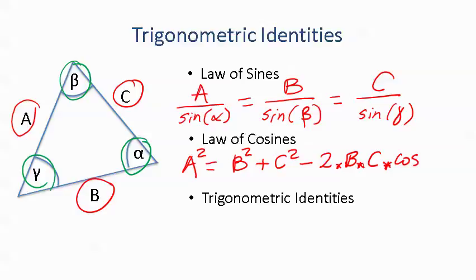In this case, we observe that we are using sides B and C, so the included angle between B and C is angle alpha. Or we can think of this as the angle opposite to the unknown side.